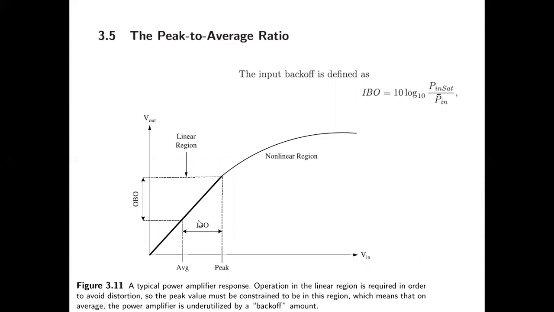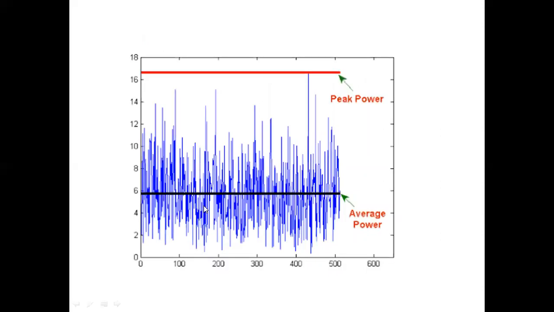One is the input and output. The second thing is the biasing. The biasing consumes battery. The biasing consumes a lot of power. Whether you are sending the data or not, whether you are talking or not, the biasing is always on and power is always getting consumed. So you want to keep this region as small as possible, but this very high peak power to average power ratio is not allowing you to do so.